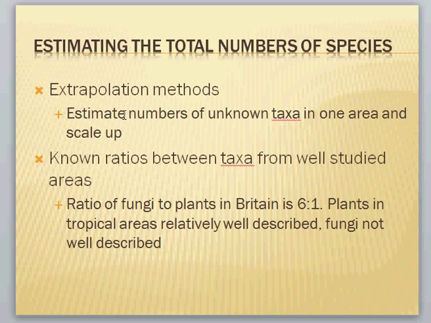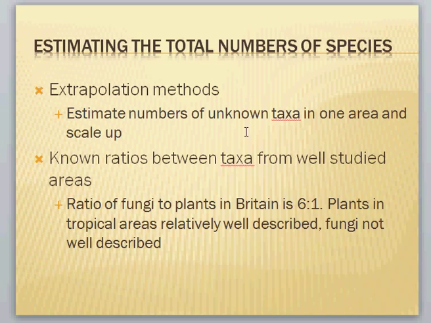So for instance, we can go to a hectare of forest and intensively study all the species of this particular taxa in that 1 hectare, and then just assume that the density of species that we find in that 1 hectare is constant across all the similar habitat.